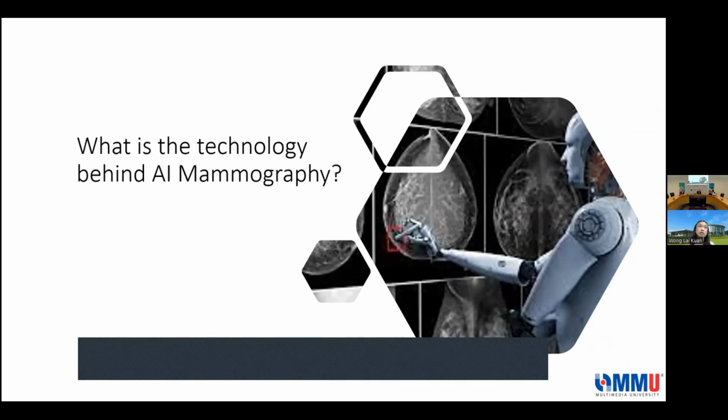Then we are going to look into what AI can do for mammography. Finally, we look at how well AI works in mammography and what the technical and clinical challenges are. So let's look at the technology behind AI mammography.